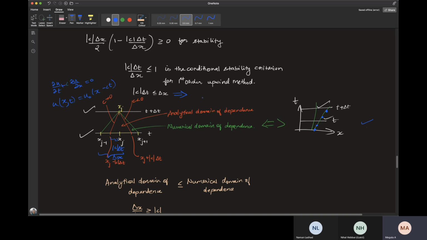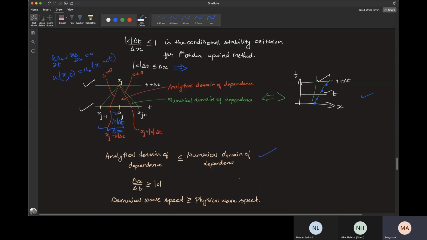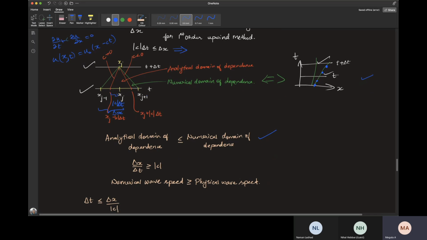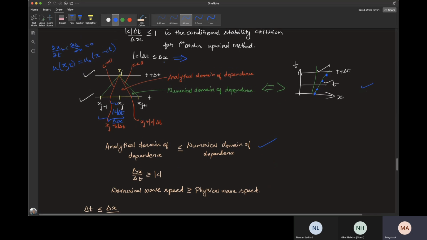So the significance of your stability condition is this. It ensures that your analytical domain of dependence always is less than or equal to the numerical domain of dependence. So from here we can get to this point as well. We can just evaluate this expression from there.